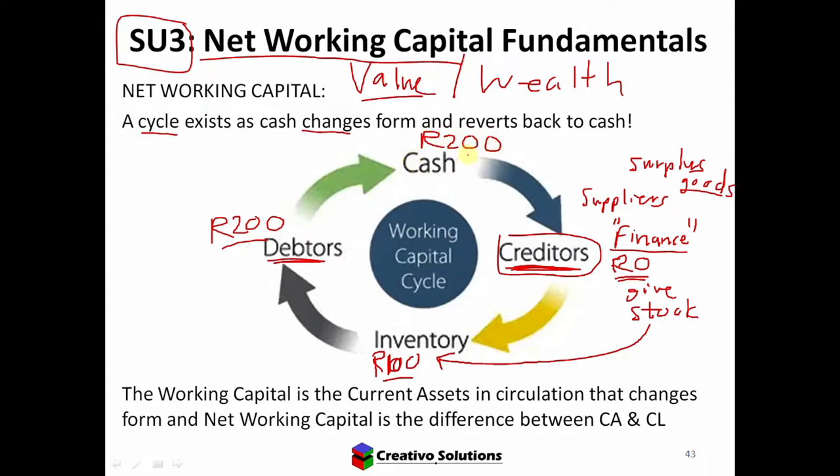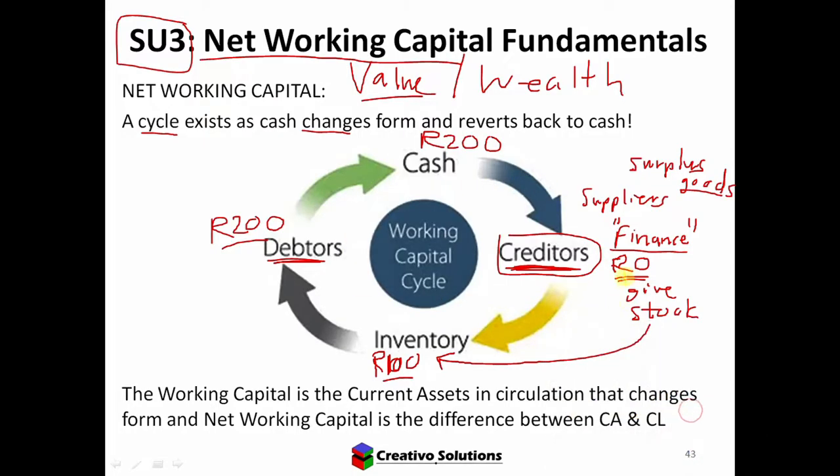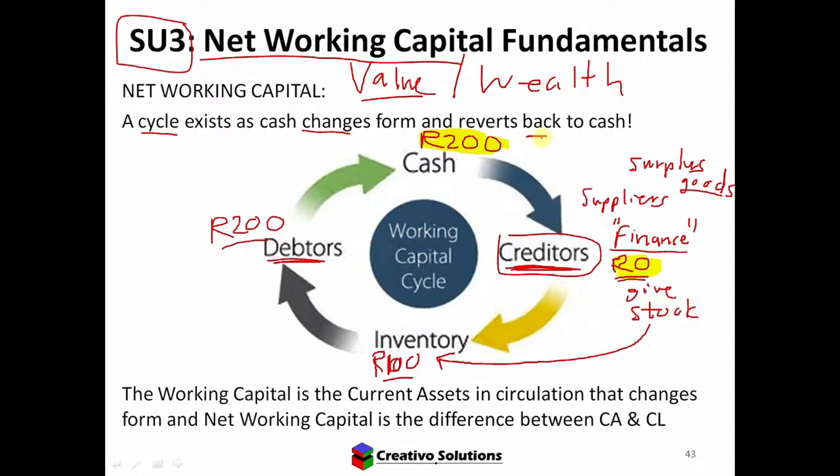Have we got working capital in this business? Yes. What happened? We started with nothing. We created 200 Rand of inflow. Money coming in, plus 200. How much do we need to pay the creditor?